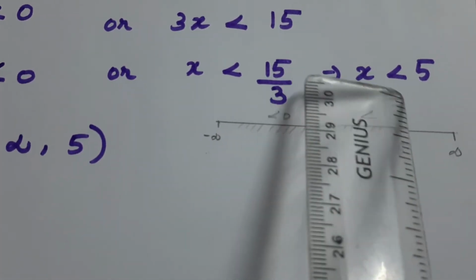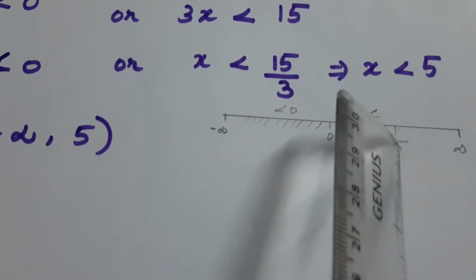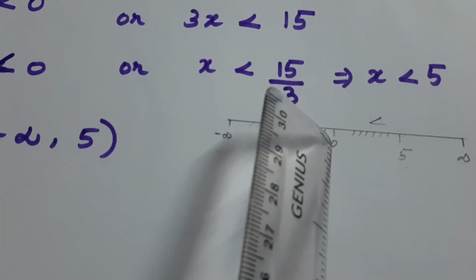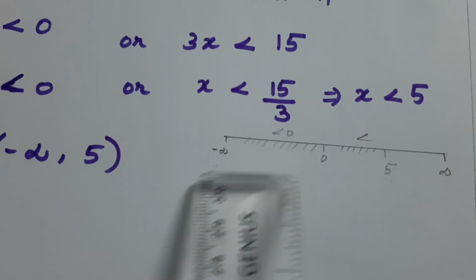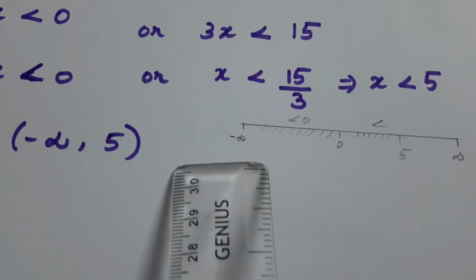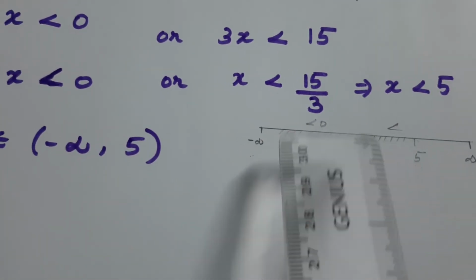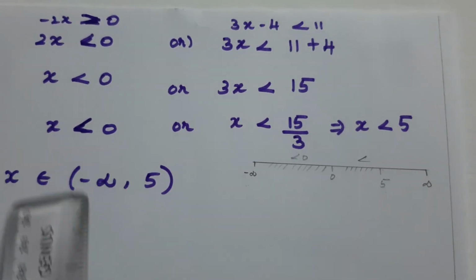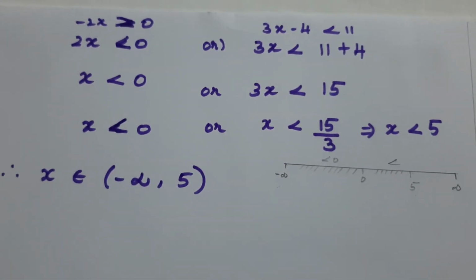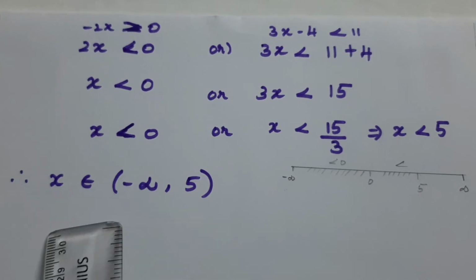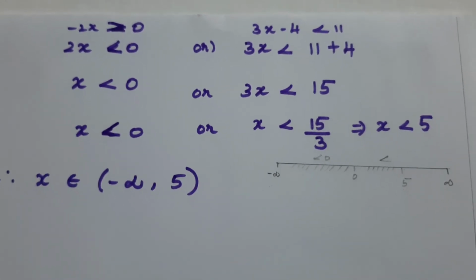And here till less than 5 it is given. So, less than 5 means again this is the left hand side only. So, we will be writing the interval is nothing but minus infinity to plus 5. And equal to sign is not given. So, we have to mention the interval in the open bracket. Therefore, x belongs to minus infinity to plus 5.